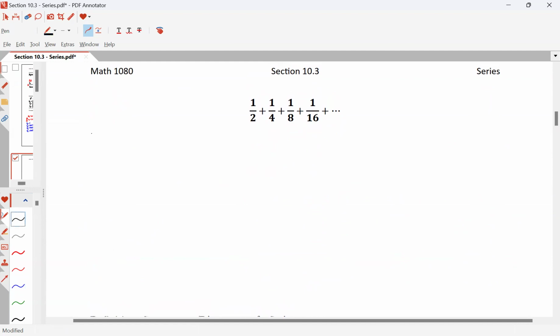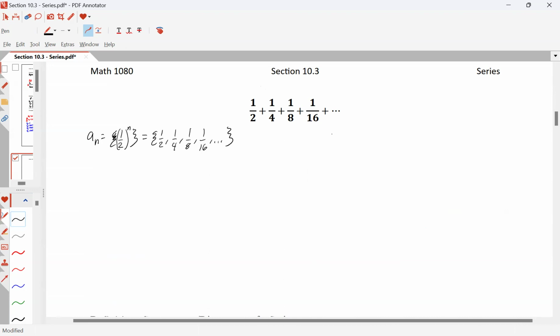The sequence here is the sequence 1/2 to the n. Because between each term, I am multiplying by 1/2. So we have a geometric sequence that is 1/2, 1/4, 1/8, 1/16, and so on.